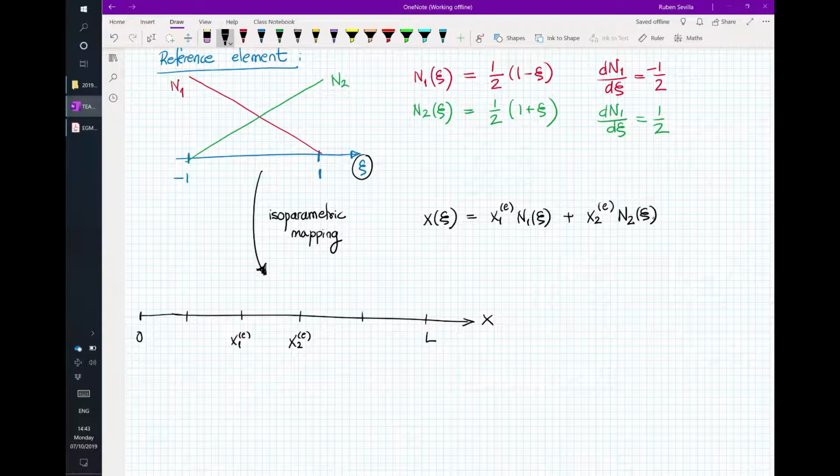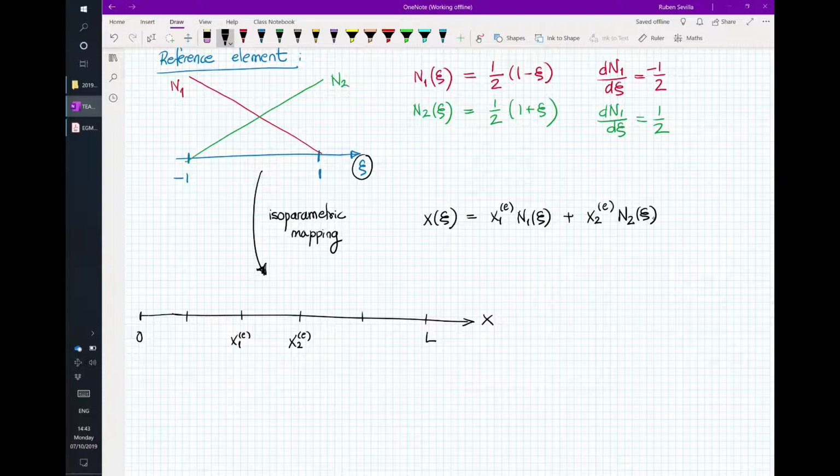I hate memorizing things, so this is why if we understand things, it's better. Why this expression? I'm using the same shape functions. Where do I point? Here. The same shape functions that, remember, I use to approximate the solution.